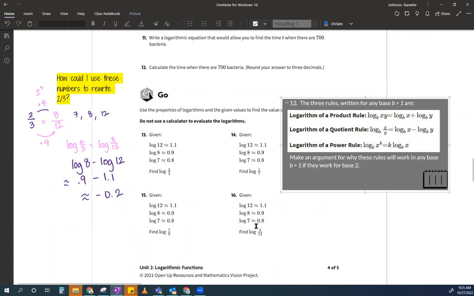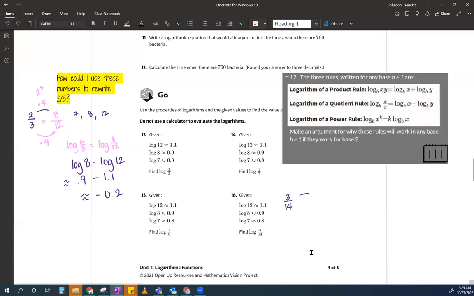Okay, so for me, the only one that would give me a 3 here would be my 12. So I'm going to go times 4 would give me my 12, right? Okay, and then I'm thinking about 14. 14 is kind of that 7, right? It's kind of that 7. If you think about it, you all see my kind of 7, but it's a little different, right?